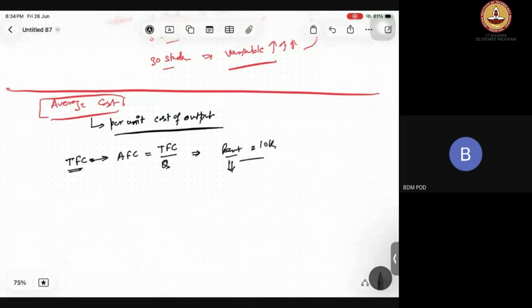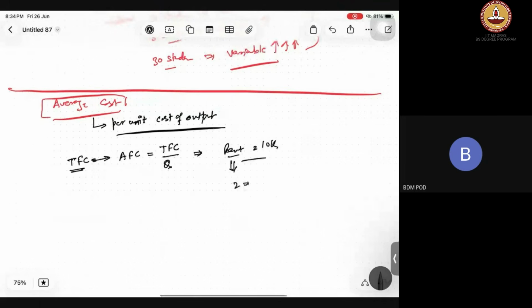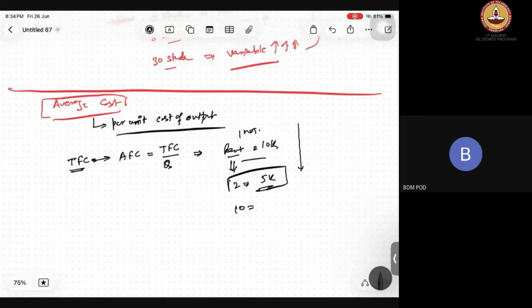But if you share that room with two people, then you pay 5K, and the other pays 5K as well. But if you have 10 people in the room, how much rent do you need to pay? That is how it depends upon the quantity. So this is 1, this is 2, and this is 10.